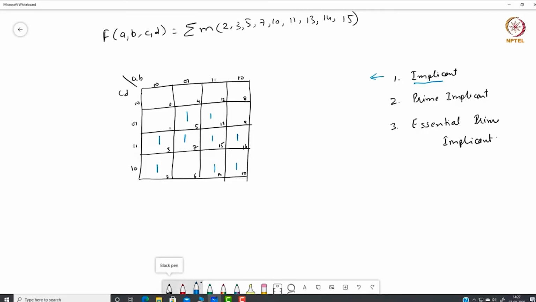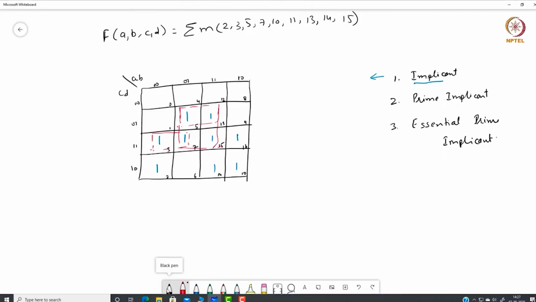So let us say we group these two, 5 and 13 can be grouped. Of course they can be grouped, so they also form an implicant. Similarly, any of these two terms can also be combined, they also become an implicant. And let us say these 4 terms can be combined, yes, they also form an implicant.